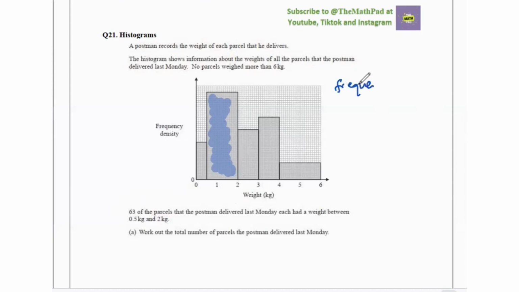Frequency density has the formula of frequency over class width. So frequency is 63 for this interval and class width is 2 minus 0.5, which is 1.5. So 63 divided by 1.5 is 42. 42 is the frequency density over here.